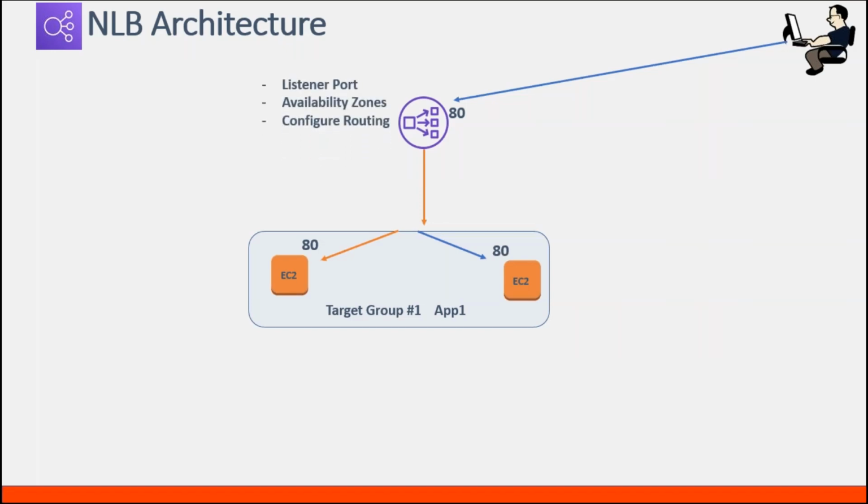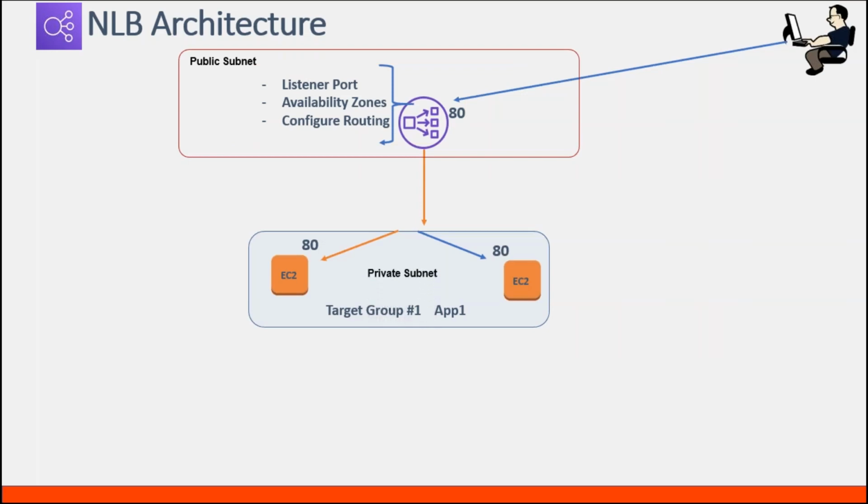So when you are configuring a load balancer, you need to take care of specifying the listener ports, specifying the availability zones that it has to route the traffic to, and mentioning the routing, that is, which port has to be routed to which target group, etc. Obviously the load balancer will be deployed into a public subnet, and the servers will be deployed into a private subnet.